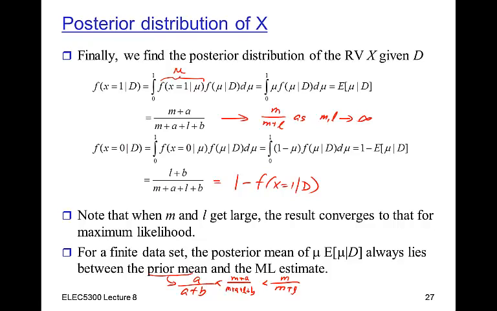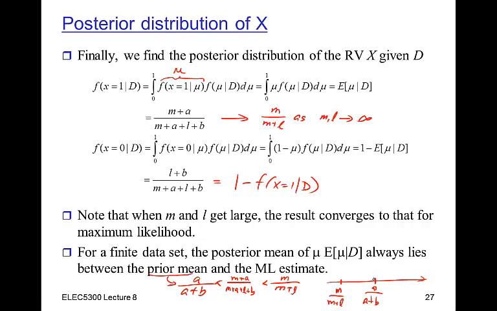And so if you want, you can prove that yourself. But intuitively, what that means is that initially I have some distribution over mu. So maybe I have a prior value here, a divided by a plus b. And as I collect more and more data, my maximum likelihood estimate might be here, let's say m divided by m plus l.